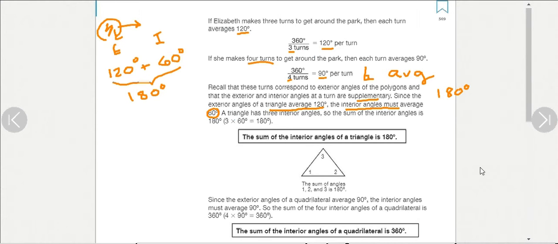You're going more degrees on the outside, so you're going less than the quadrilateral on the inside.